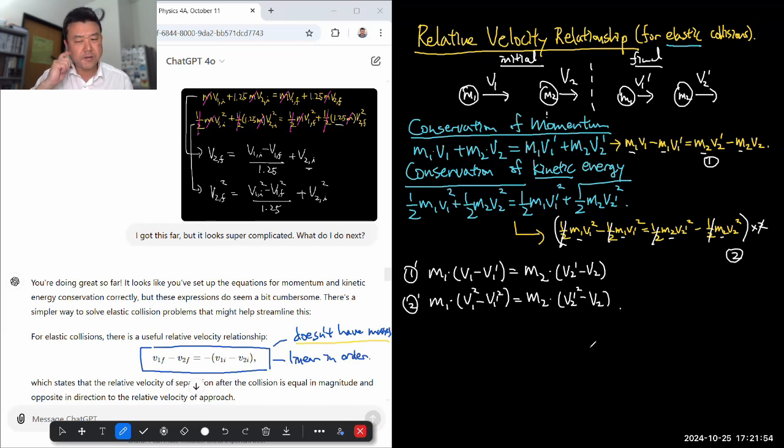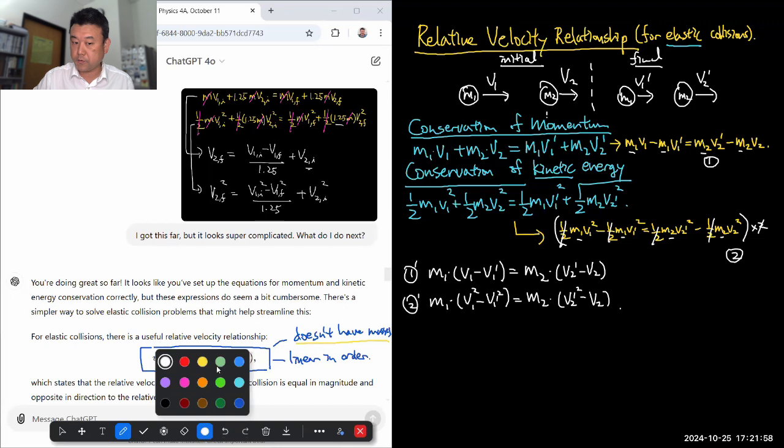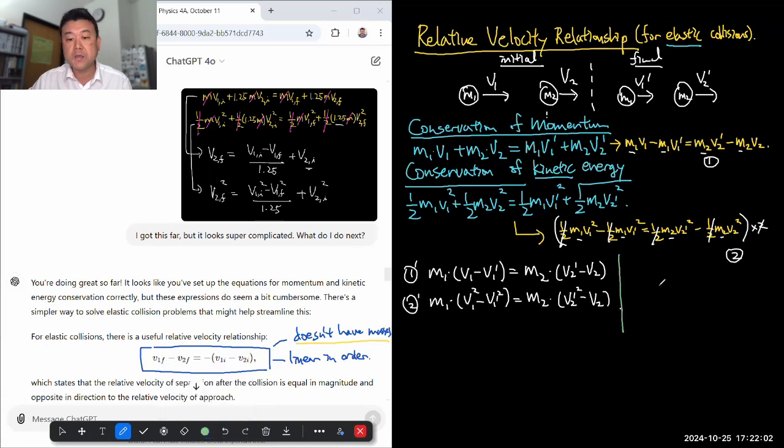Now, as you stare at this, I hope you remember some useful factoring relationship that you might have learned in college algebra. If you have an expression like a squared minus b squared, this can be factored into this form, a minus b times a plus b, which means this can be factored into this form.